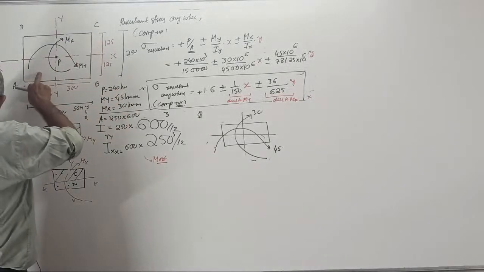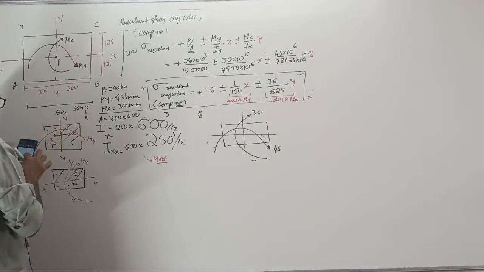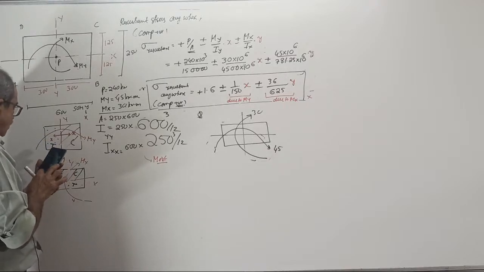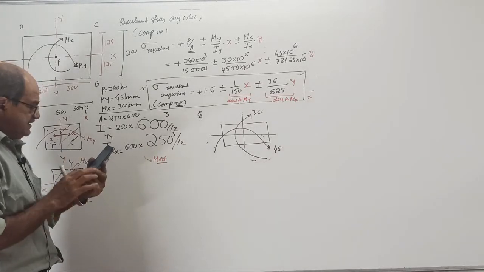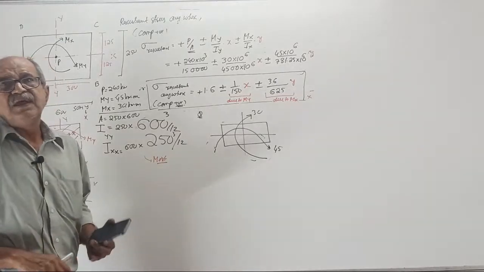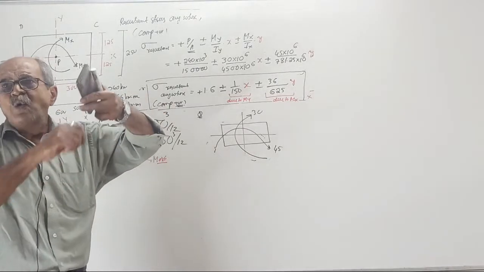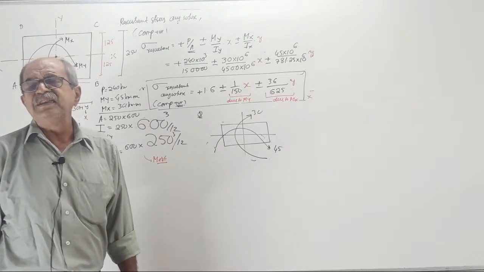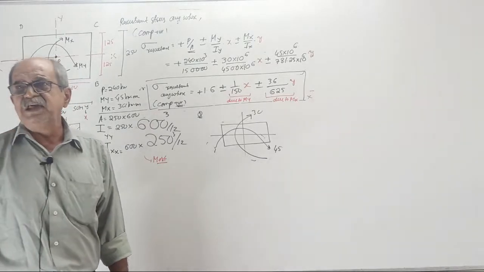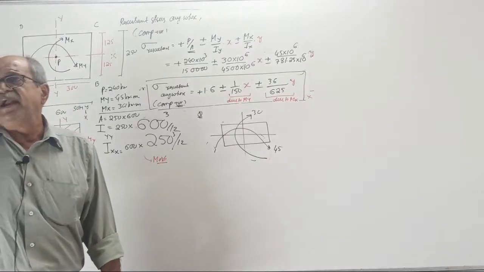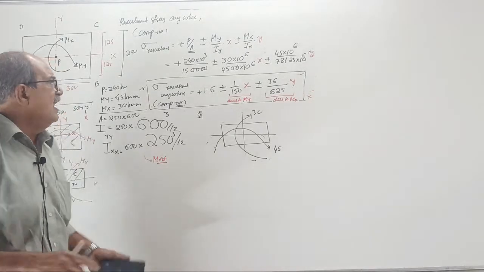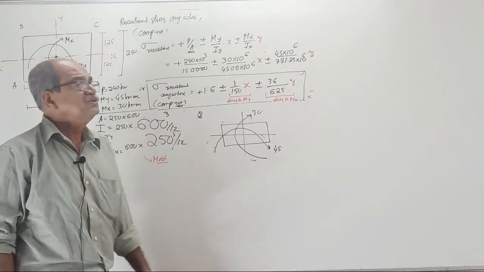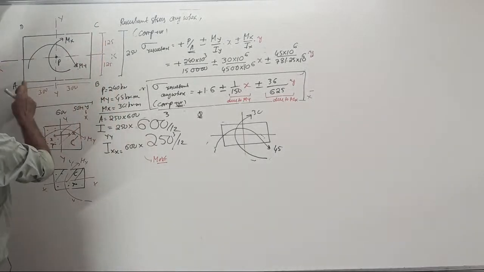Wherever you consider, axial stress is P by A, with no variation. But for bending moment, at the neutral axis it is 0, and as you go to the outer fibers, stress increases. From a design point of view, whether it is an RCC column, steel column or any column, or even foundation later, the critical is always the extreme fiber, where the effect of BM will be maximum. So we considered extreme fibers A, B, C, D.